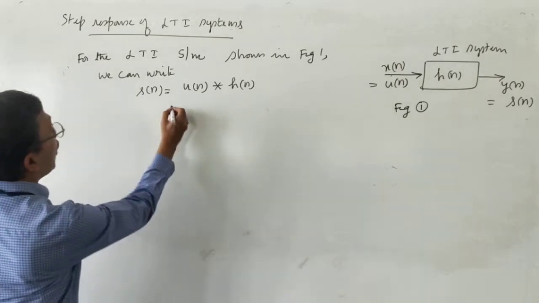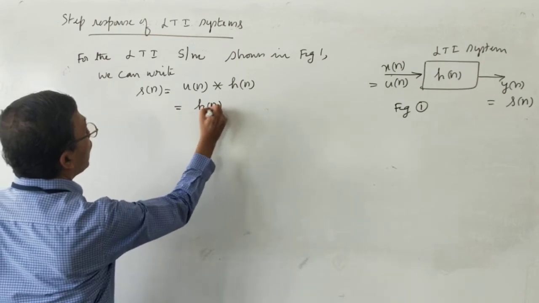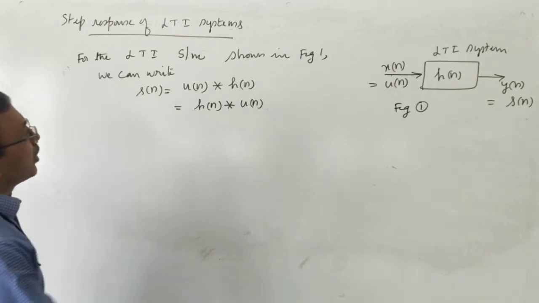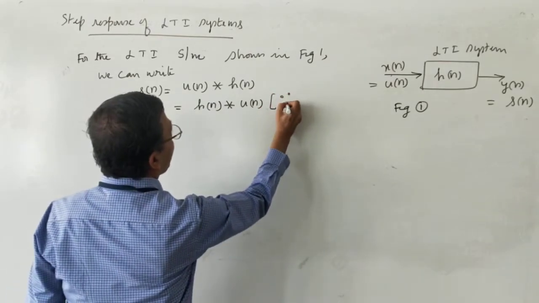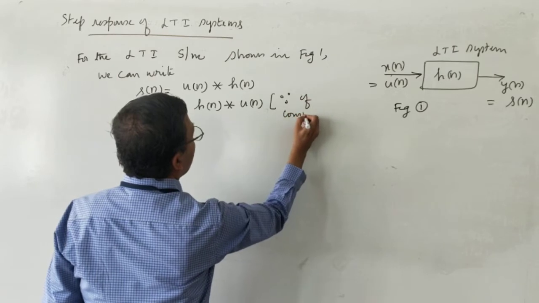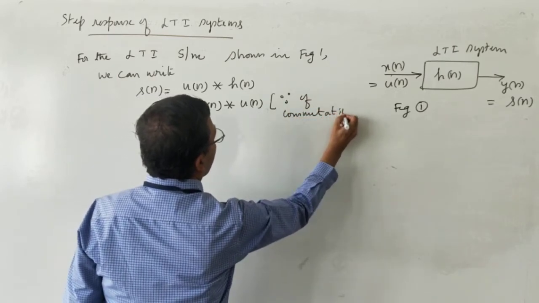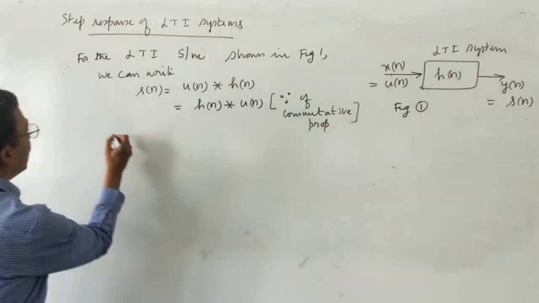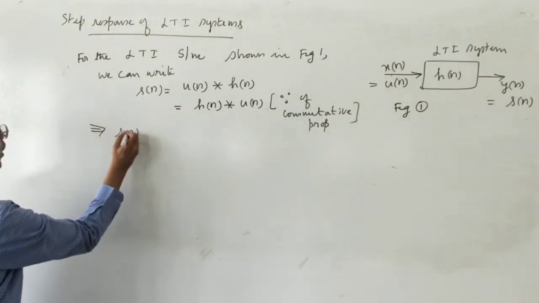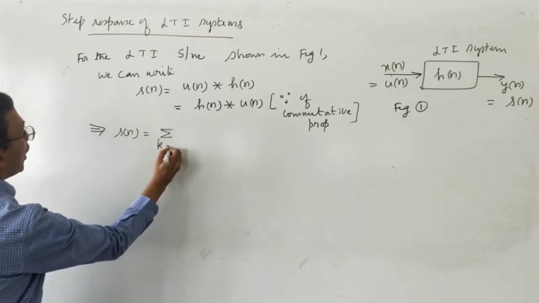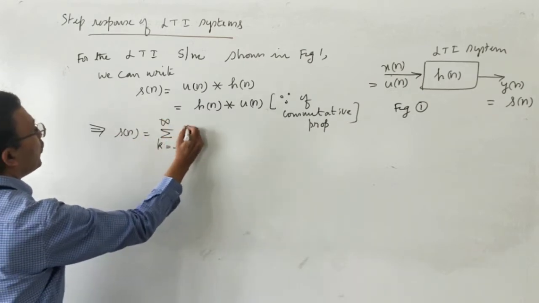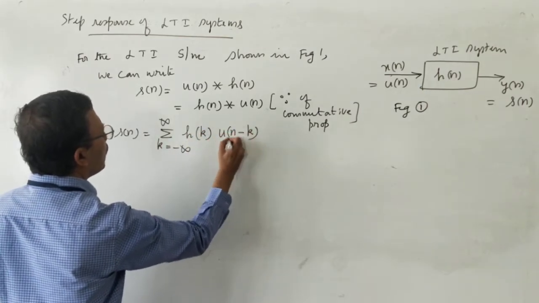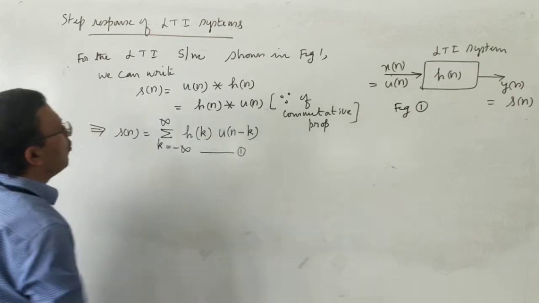Because convolution is commutative, this can be written as h of n convoluted with u of n, because of commutative property. This implies s of n equals summation k equals minus infinity to plus infinity h of k into u of n minus k. I will call this equation 1.